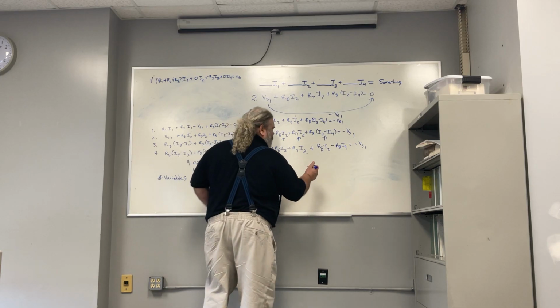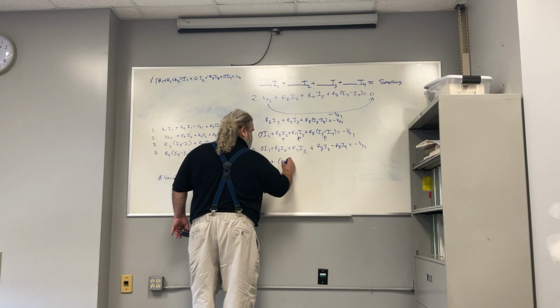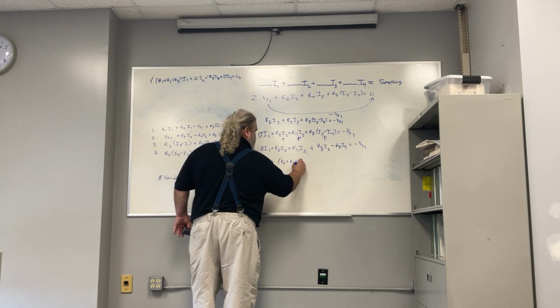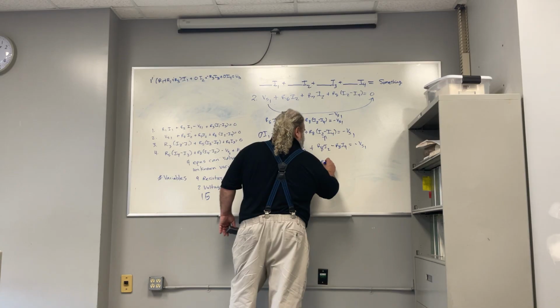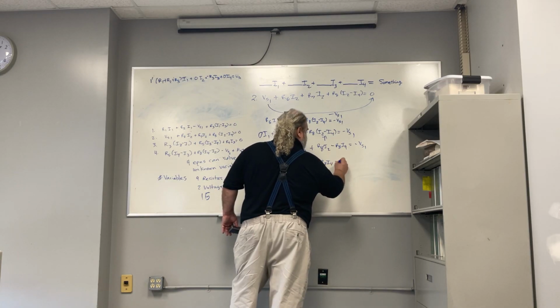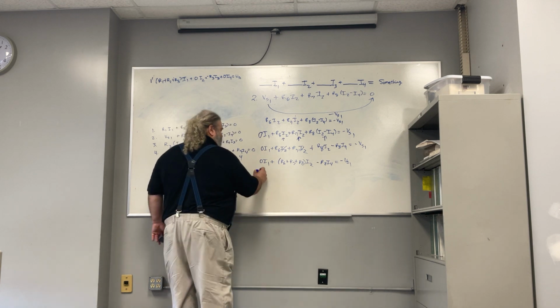And what do I put all in parentheses? R6 plus R7 plus R8. I'm going to put a little line through it so I know it's covered. And then I have minus R8 I4 equals minus VS1. Okay? Okay, Nigel, what's the next step?